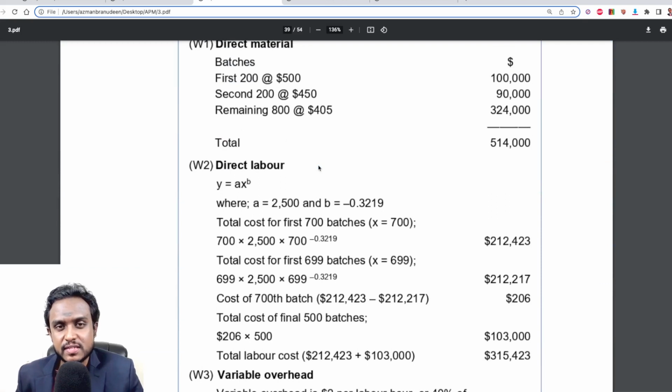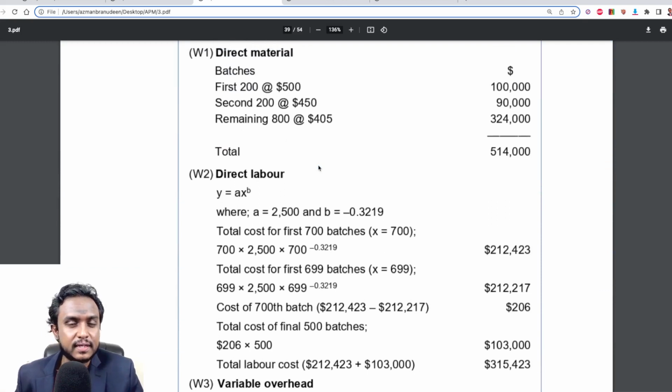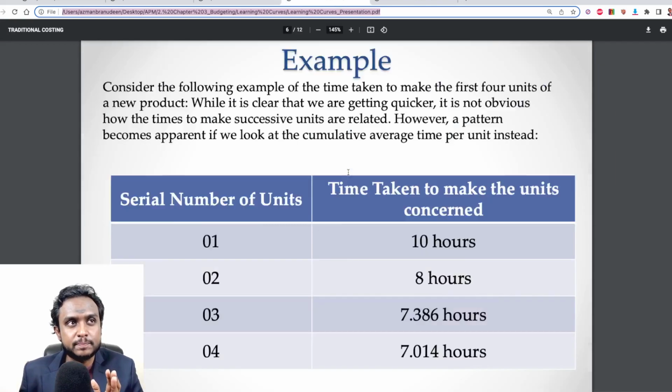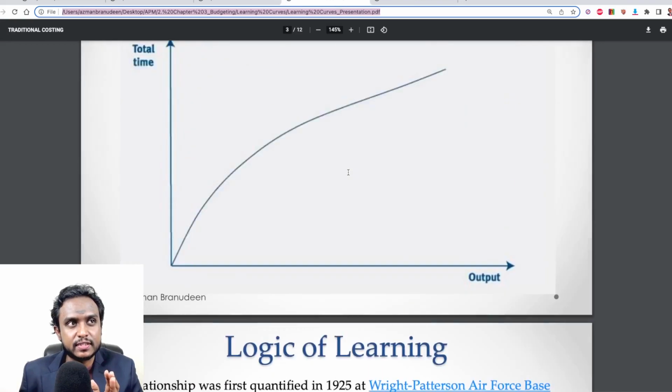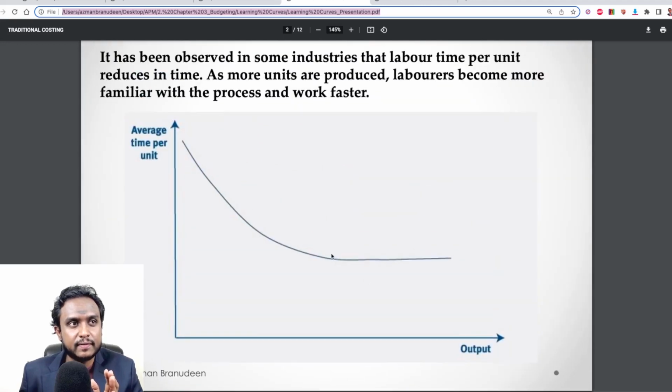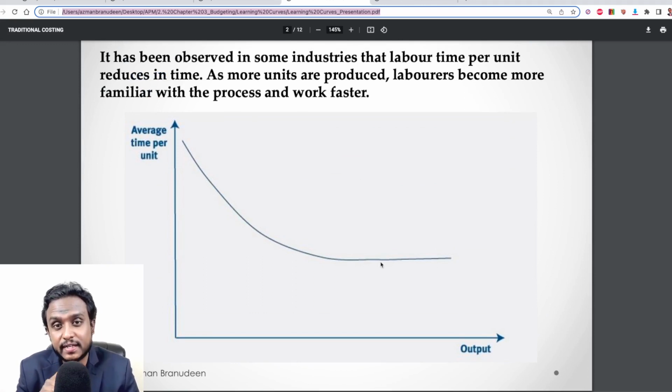You can use the steady learning point, because what happens here is learning stops, right? It keeps reducing at one point, and then the learning stops. So let's say someone learns until the 100th unit. Then from the 101st unit onwards, it's the same time taken as for the 100th unit.